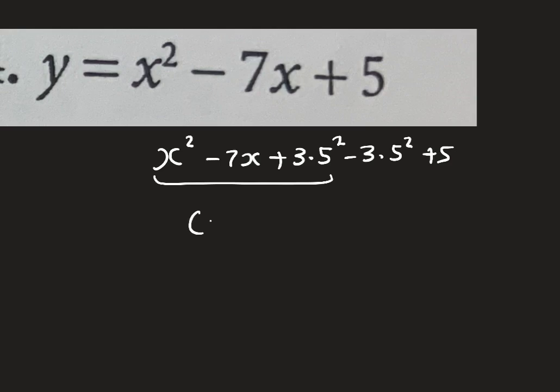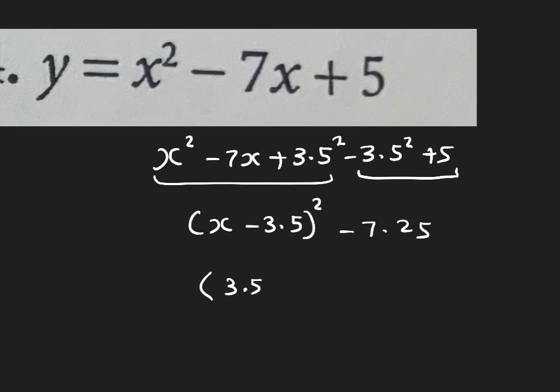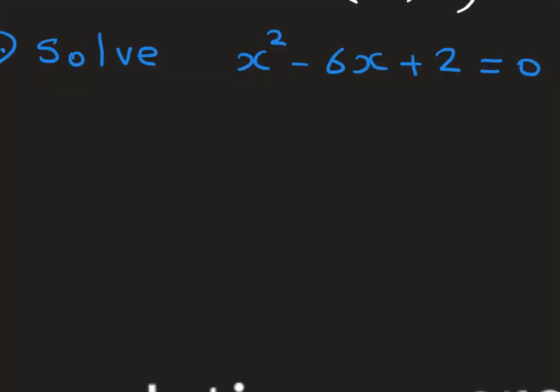This will be x minus 3.5 squared. Then with your calculator you can find that one, so it will be negative 7.25. So now the vertex, the turning point, will be 3.5 and negative 7.25. The last point, we can use completing the square to solve a quadratic equation.